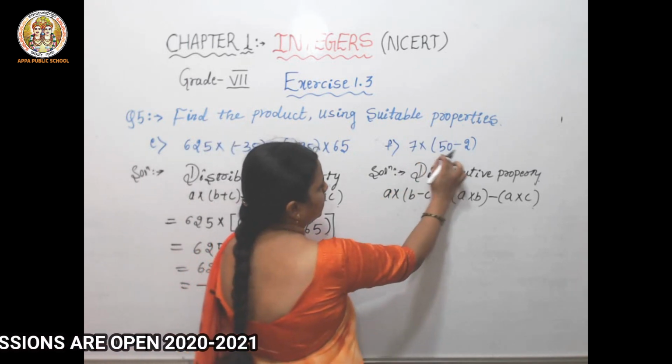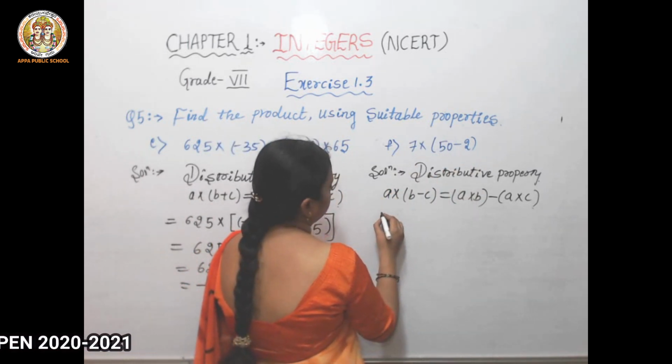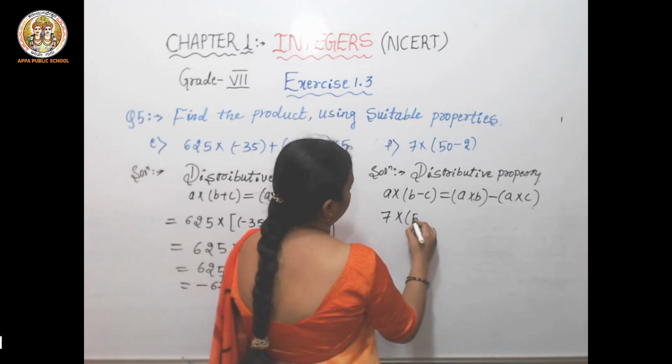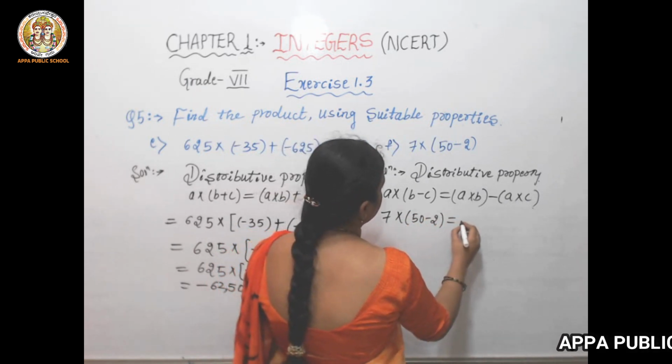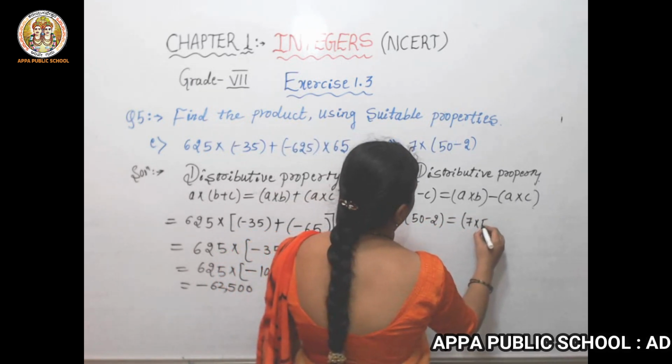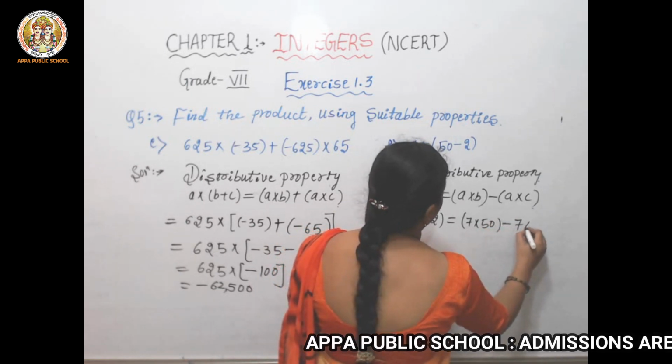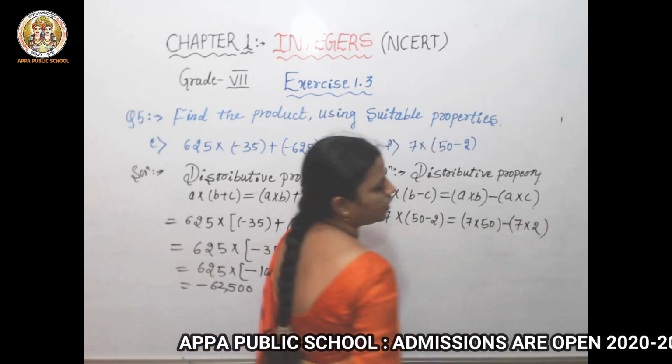Now we are having the form like 7 into 50 minus 2. Now split it as 7 into 50 minus 7 into 2. Okay?